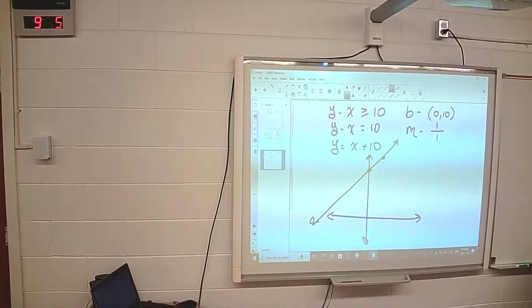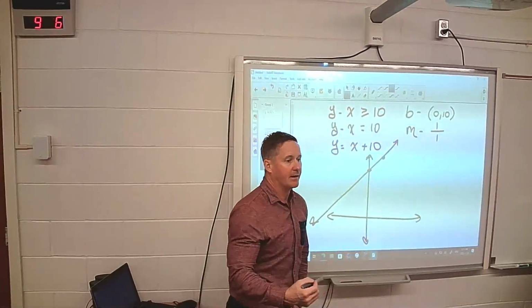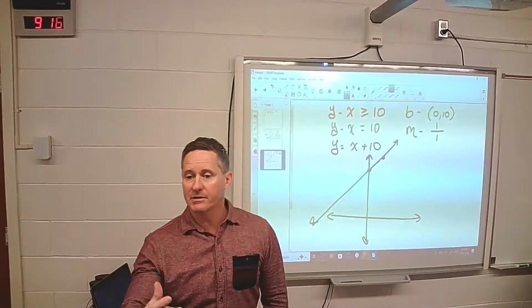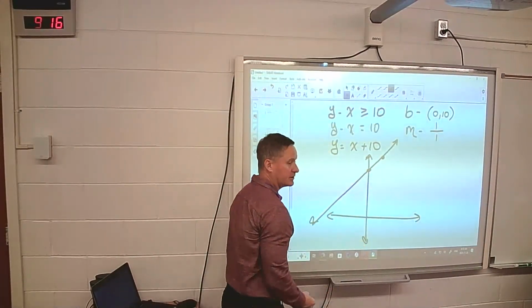All right. Now to get the solution set for the inequality, I have to find a shaded area. What do I do to find a shaded area? Pick a coordinate from the bottom. Pick a coordinate. It can be from anywhere. But again, math is easy when I use zeros. So I'm going to use 0 and 0 again. There's 0 and 0.